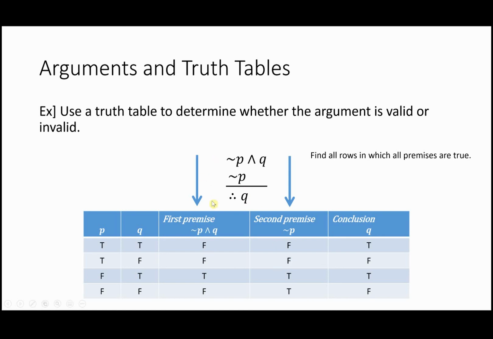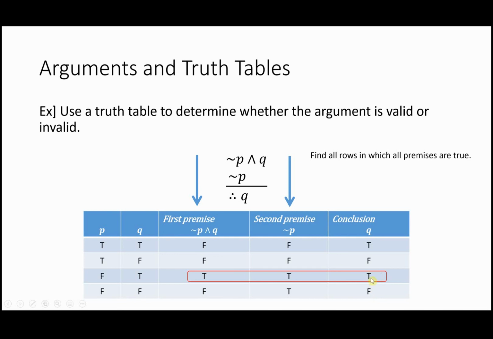So you want to look for the row or rows in which all the premises are true, all two of them, okay? So you're basically looking for the rows that have a T here and a T here. Look, there's actually only one row in which that happens. So you want to either figuratively or literally in your work circle that row and include the conclusion.